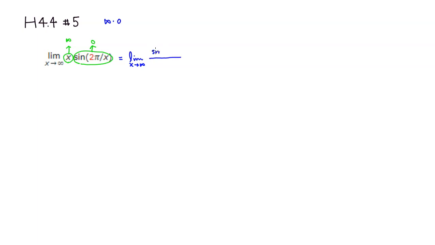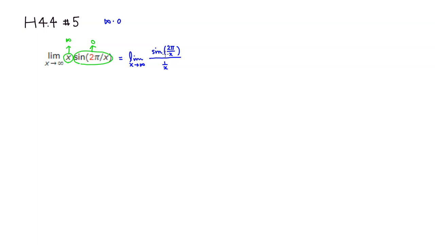Then instead of multiplying by x, I'm going to divide by its reciprocal, so it's 1 over x.